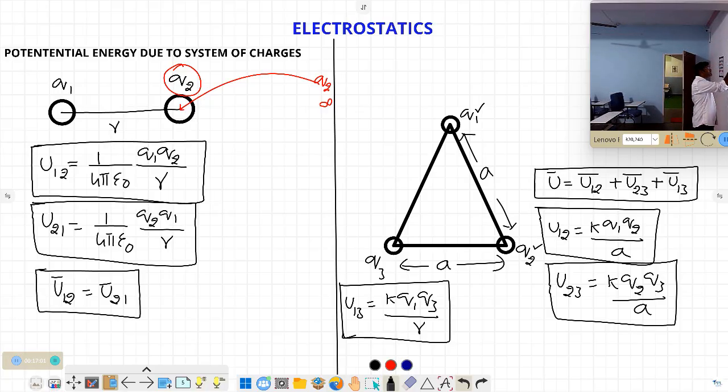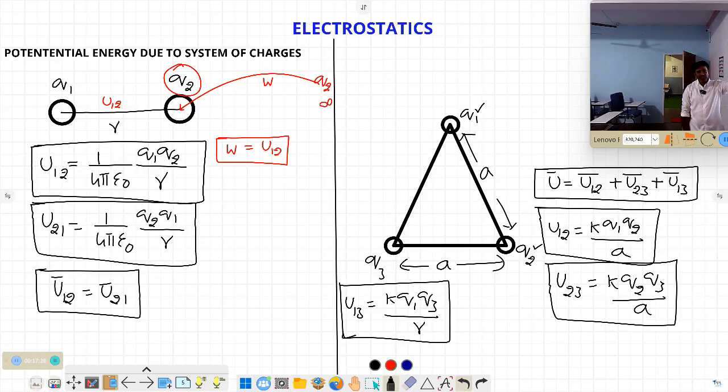That means the energy U12 must be equal to the work done to bring the charge from infinity to that point. So simply I can write that the work done is equal to U12, the energy of the system of two charges. How much work you have to do is equal to the energy of the system. So the energy can be taken as the work done to bring the charge from infinity. Like that we can explain it.